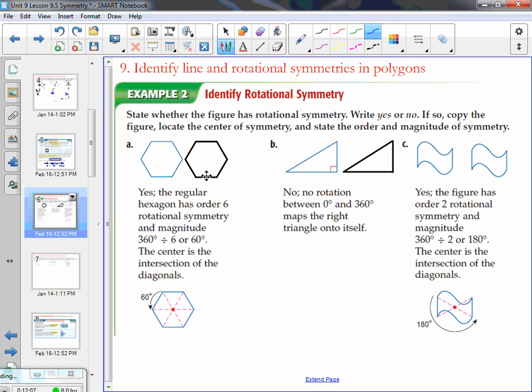I took this and I copied it so that I could turn it, okay? So if I take this and I rotate it to there, it's identical. So that's 1. Do it again, that's 2, 3, 4, 5, and number 6 gets us back to where we started. So it does have rotational symmetry. So we write yes.